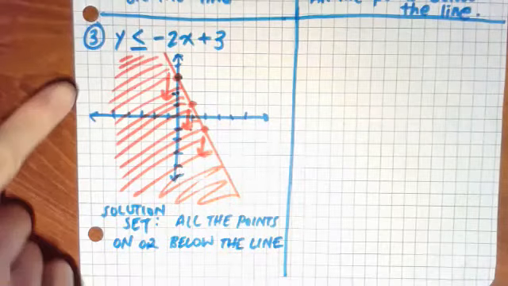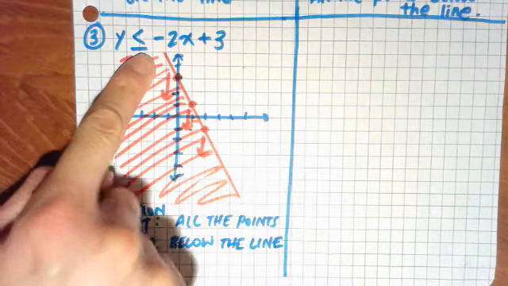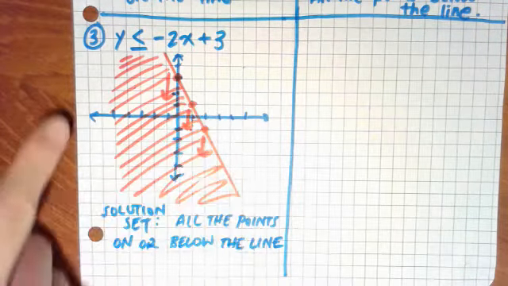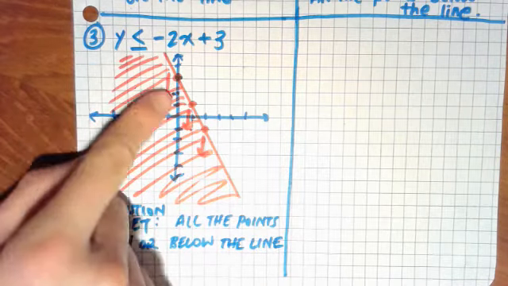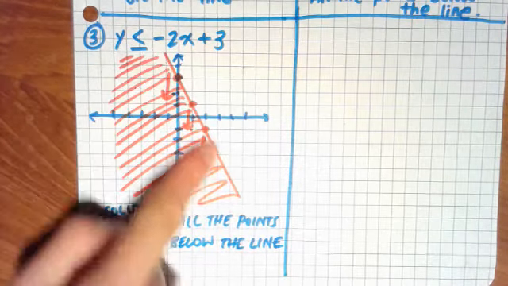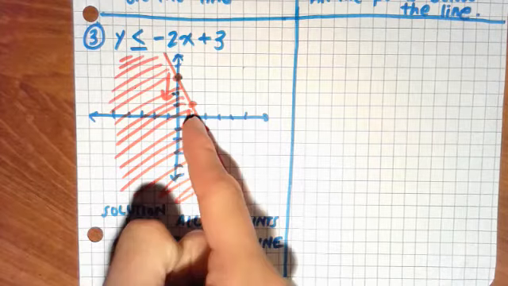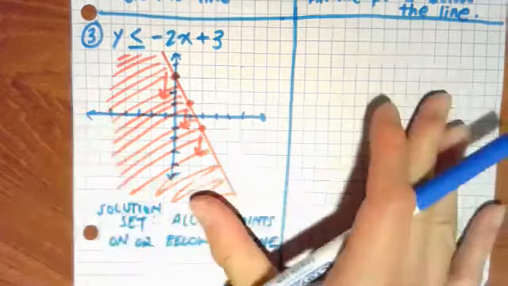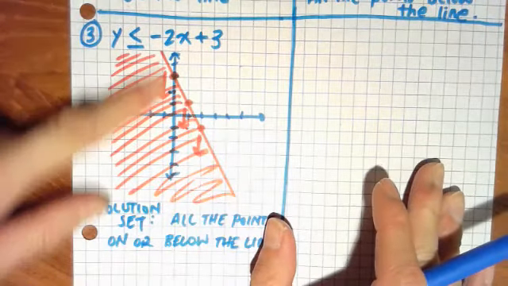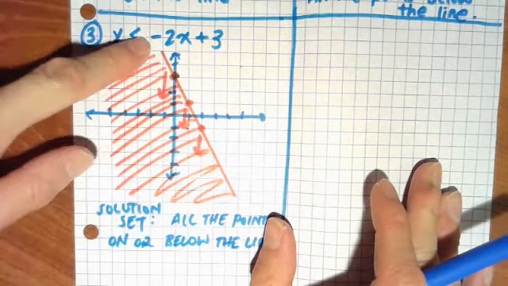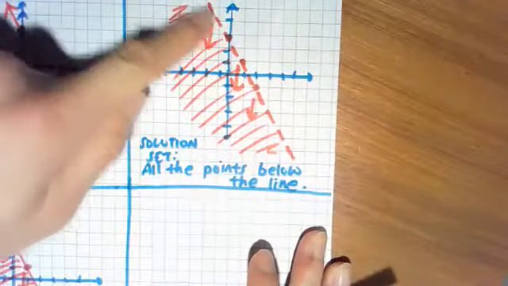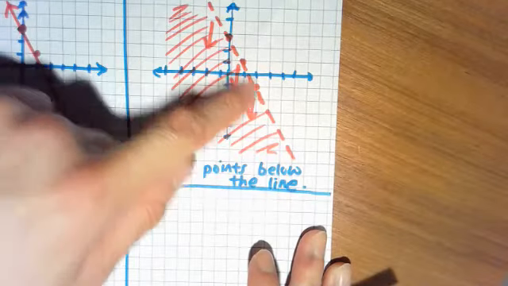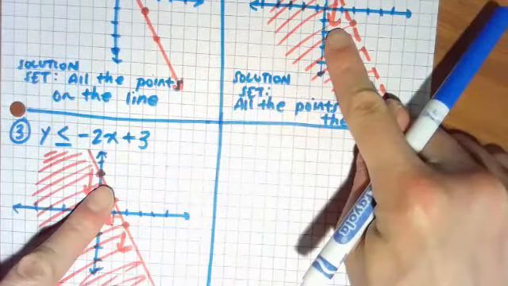Because this inequality is saying less than or equal to, that means that for this to be true, it can be any point on the line as well as anything below the line. So that's why, the difference is in here, we fully draw this line to show that points can be on it, whereas this one, we do the dashed line because we can't have points on the line, just everything below it. So that's the difference between these two examples.